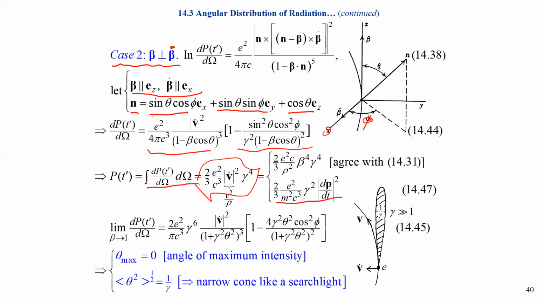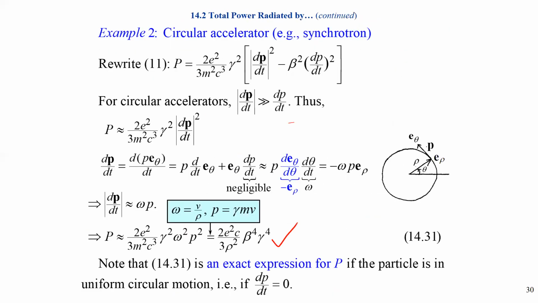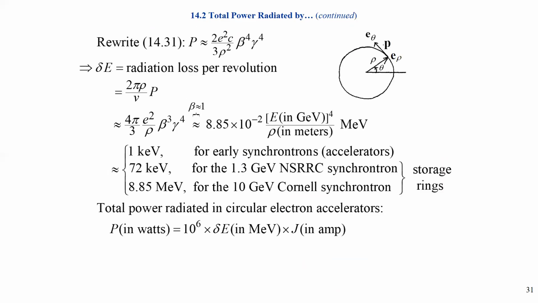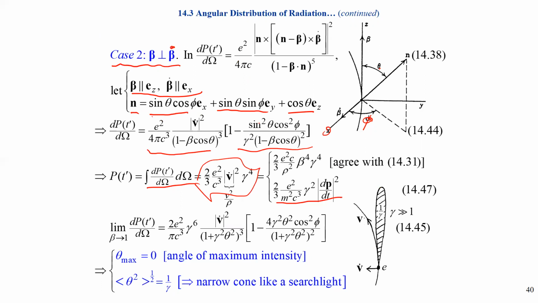Oh, no. I'm sorry. Different expression, right? Okay. In this case, it should be 31. It should be beta dot. Let me check again. 31. Beta. Oh, perpendicular. So correct. Okay.